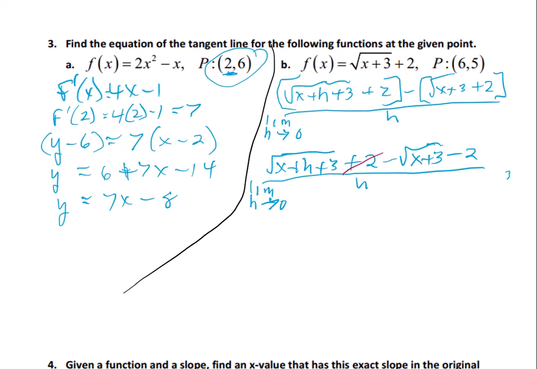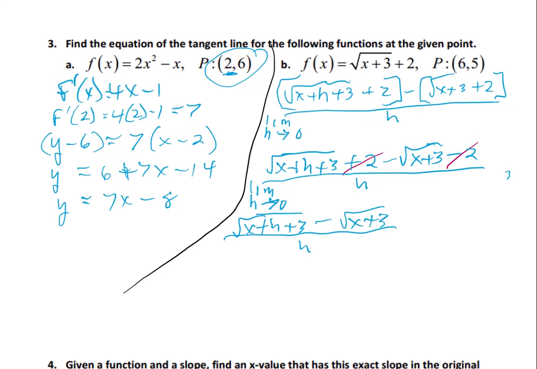So the 2's do, which leaves me with square root of x plus h plus 3 minus square root of x plus 3. All that's over h.